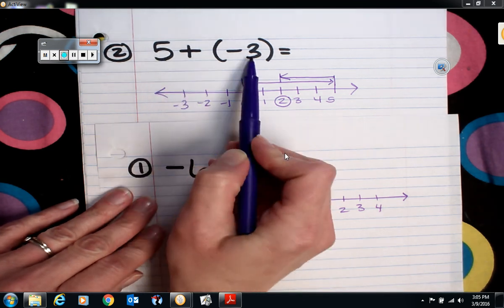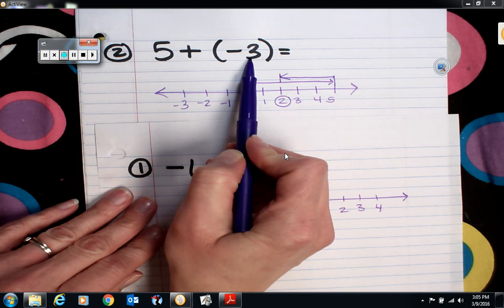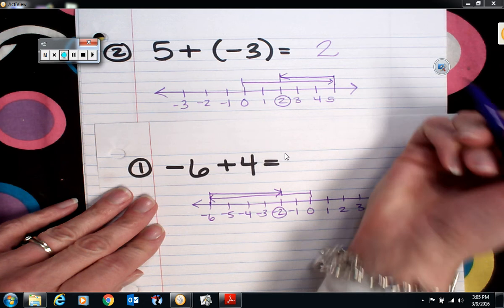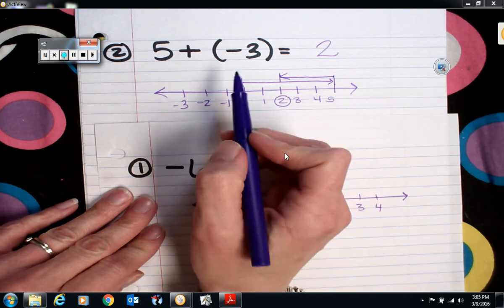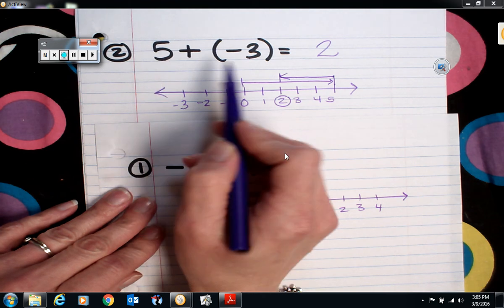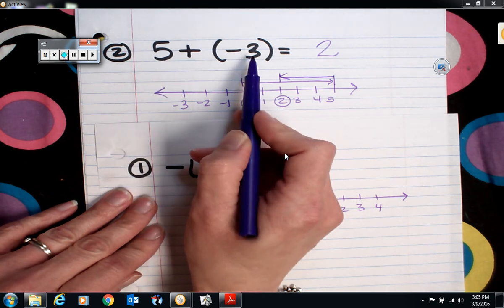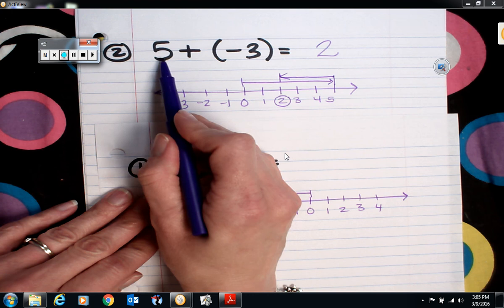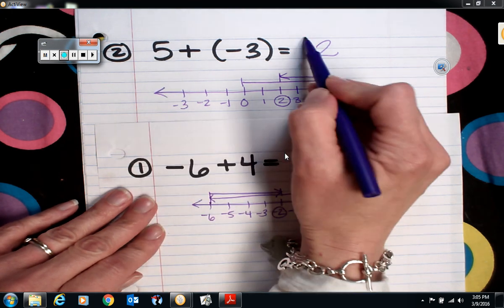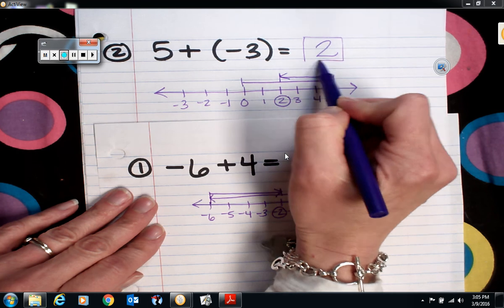The absolute value of -3 is 3. The difference of 5 and 3 is 2. And then I'm going to look at which number has the greater absolute value. Since 5 has a greater absolute value and it's positive, my answer is going to be a +2.